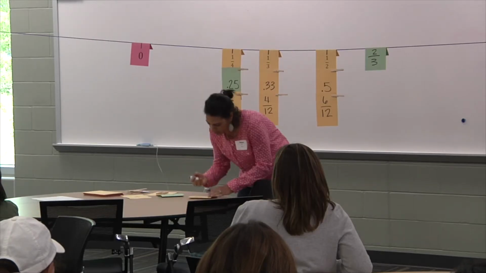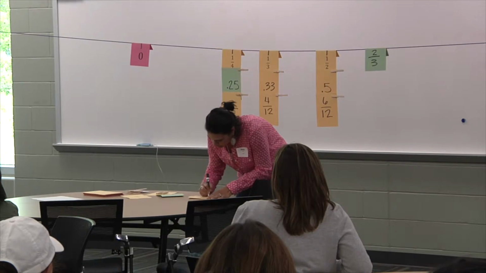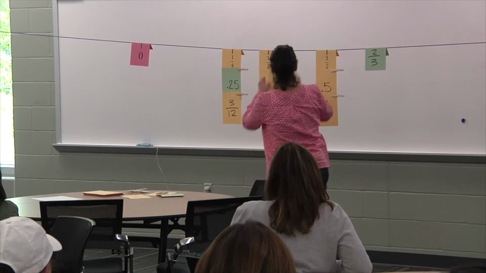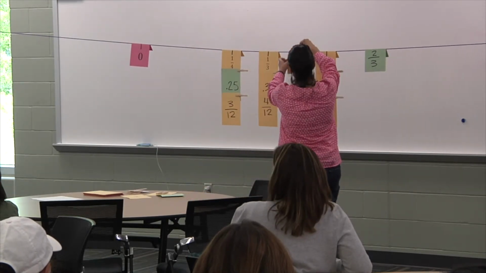And what's missing here, if we're looking at the progression, is 5/12, and they would all be evenly spaced. So if we're parking things on the clothesline, it'd be easy to say, boom, boom, boom.